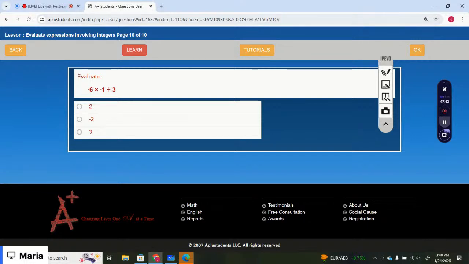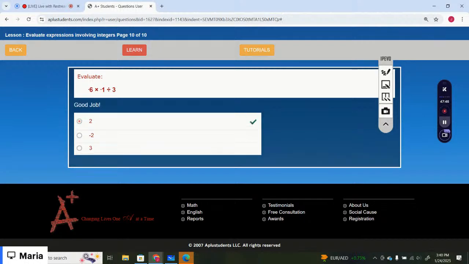Negative 6 times negative 1 is 6, and 6 divided by 3 is 2. So we are done with the lesson.